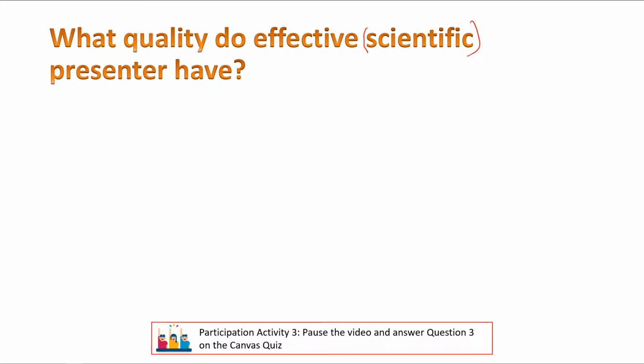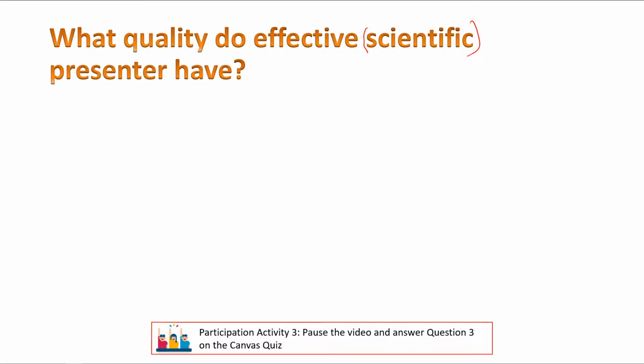The third quality, which is related to simplicity and clarity, is that you have a good sense of your audience. You know who your audience is, what they know, what they don't know, what they are interested in, what they are not interested in. So you have a very good sense of your audience and their expectations, and based on this sense of your audience, you try to deliver something for them.